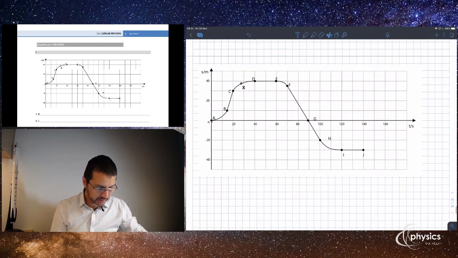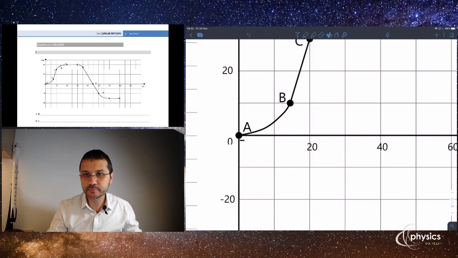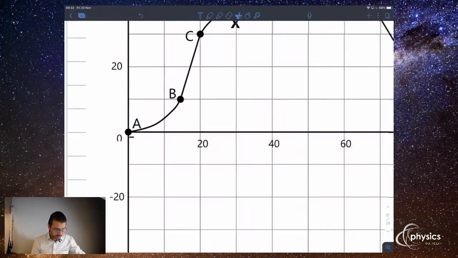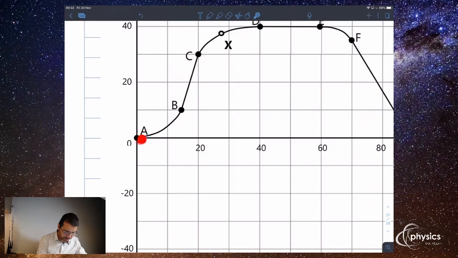Okay, let's start with the very beginning. So we have A and B. The first thing to do is to read what's happening at the two extremities of that section. So at the beginning we know that at A here, at time 0, the displacement is how much? 0. So at the beginning we are at the reference point.